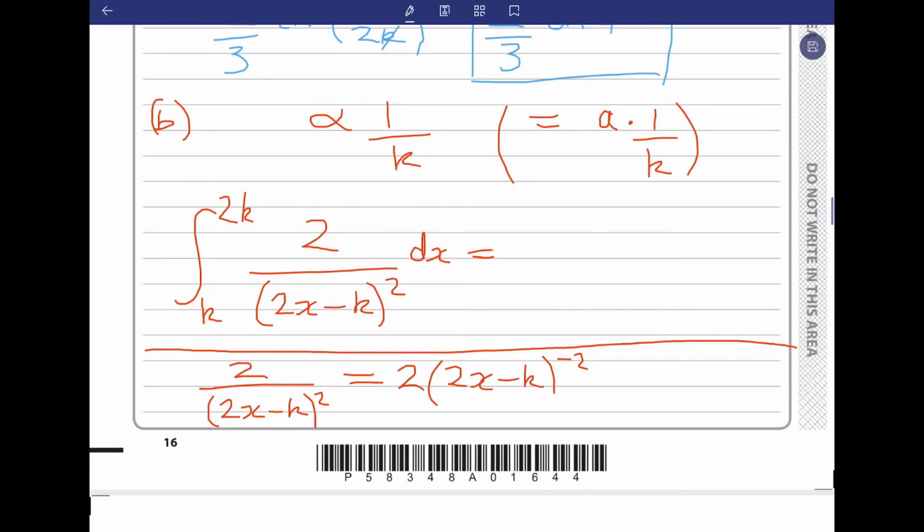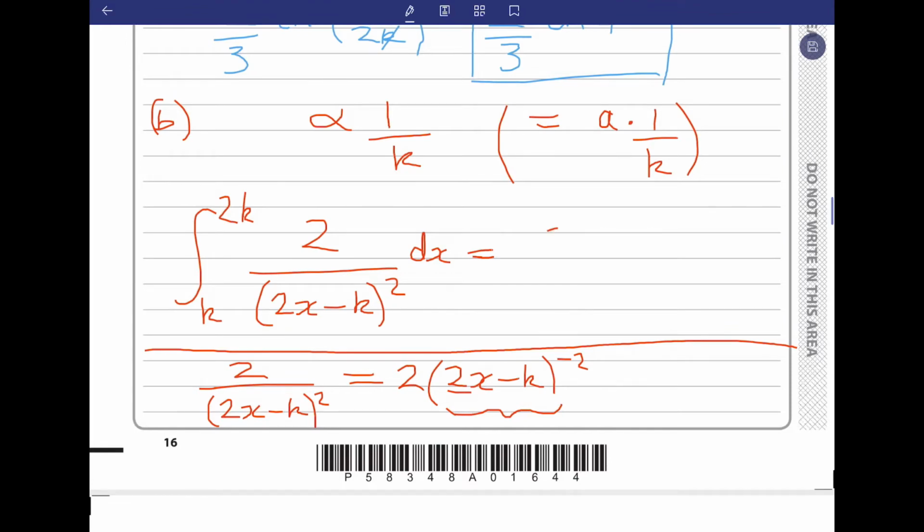Now, to use the reverse chain rule, we add 1 to the power, so minus 2 plus 1 is minus 1. We times the power by the differential of what's inside the bracket here, which is 2. So we've got minus 1 times 2, and then we divide the whole thing by that.